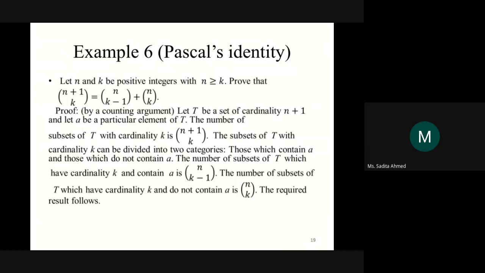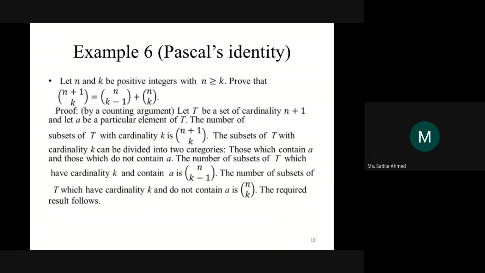Why is that? Because the idea of a set is synonymous with combination. What does counting argument mean? Combinatorics, right? The idea of a set is synonymous with combinatorics. No repetitions allowed, choosing elements, also order doesn't matter. So it's very synonymous with combinatorics.